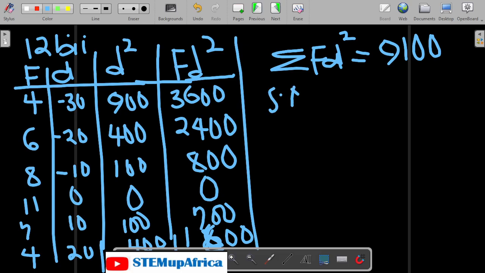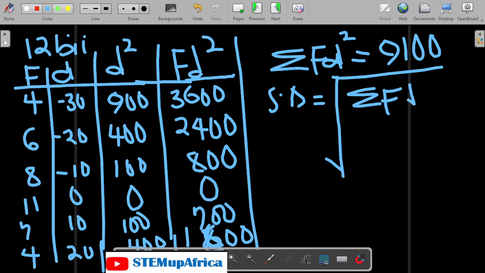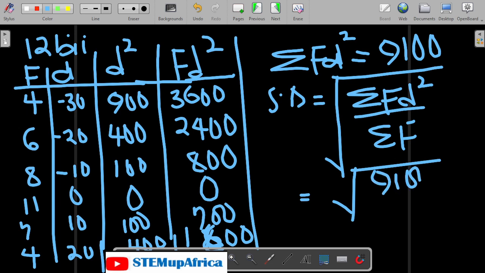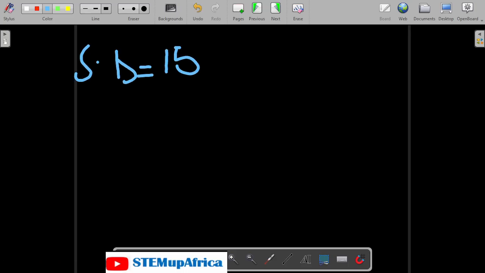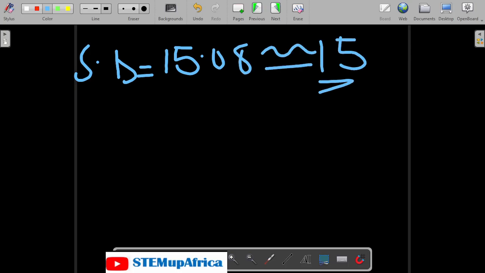So my standard deviation is equal to the square root of summation FD square over summation F, which is the square root of 9,100 divided by 40, which is the square root of 227.5. That will give us 15.08. To the nearest whole number, we have 15 as our standard deviation.